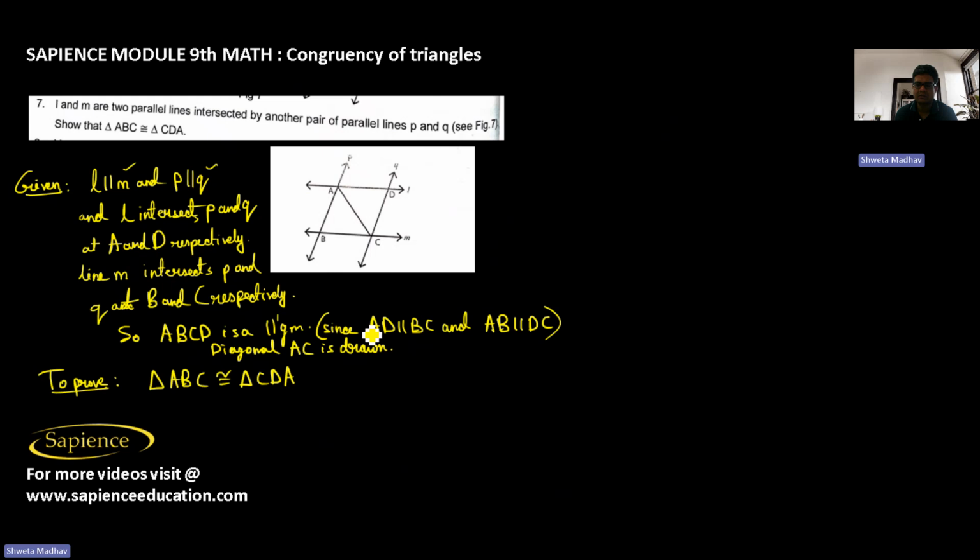Then we have to write the proof. The proof is, in triangle ABC and triangle DCA, here you can see A obviously corresponds to C and B corresponds to D. So ABC we should tell CDA.